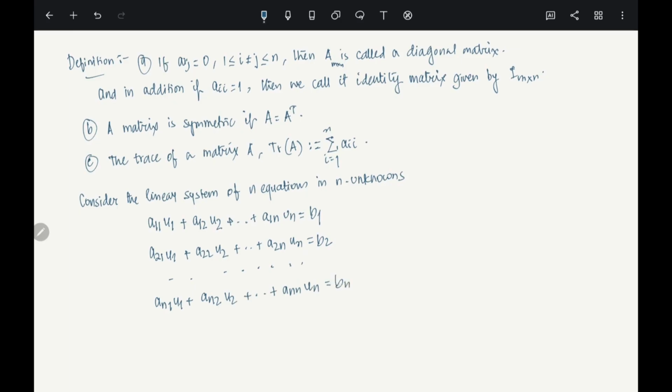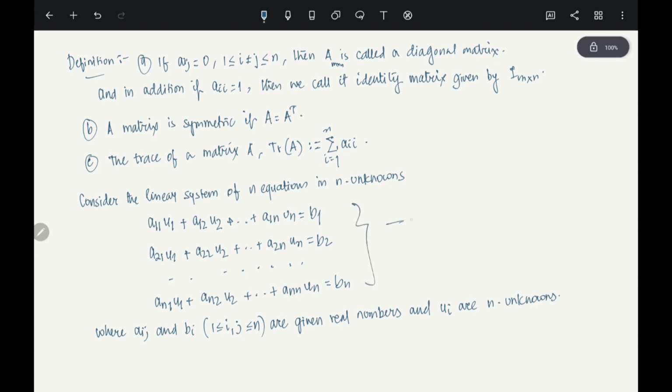Let's just write it like this, where a_ij and b_i, for 1 less than or equal to i, j less than or equal to n, are given real numbers and the u_i's are n unknowns. If you consider this system, let's call it the system star.